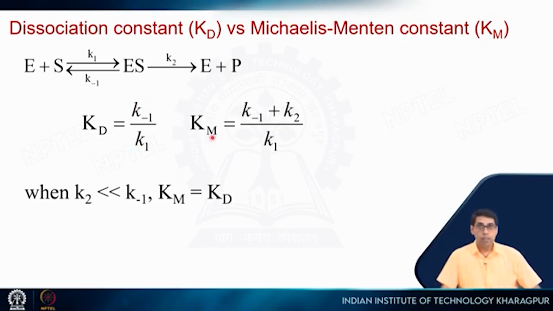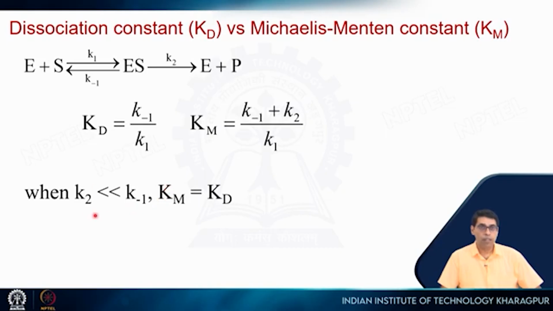Km is something that we have defined as this: K minus 1 plus K2, divided by K1. So if you consider this, then in the case of Km, this is the extra term. Now, if for a particular enzyme K2 is much less than K minus 1, so we can ignore this term, then Km will be equal to K minus 1 by K1, which is Kd.